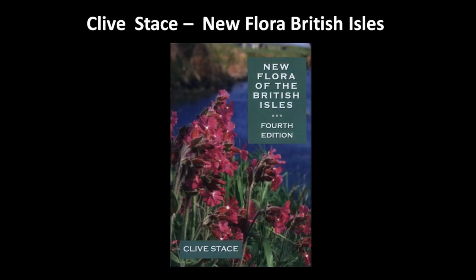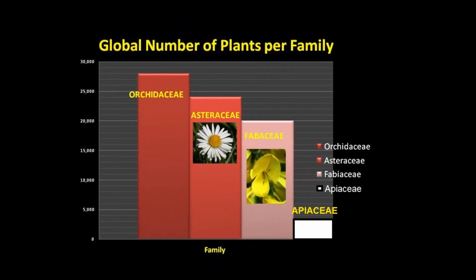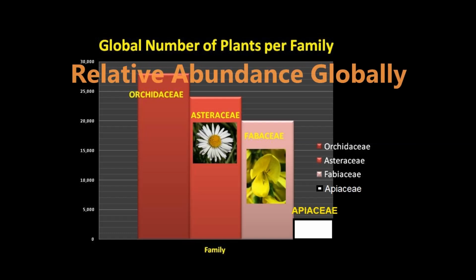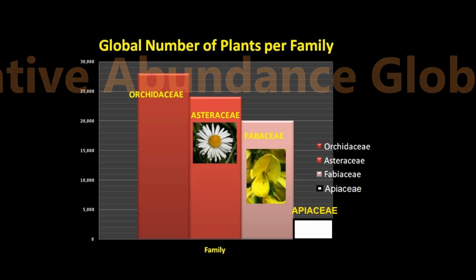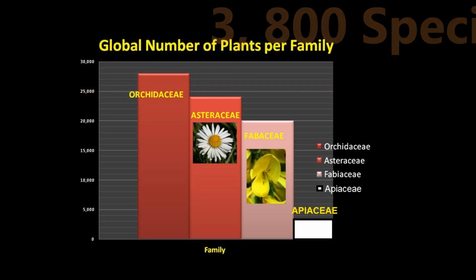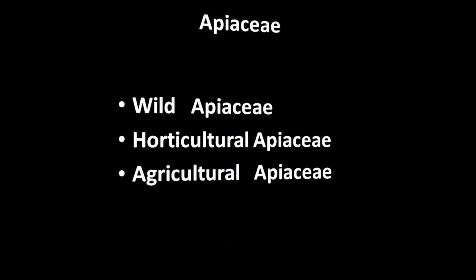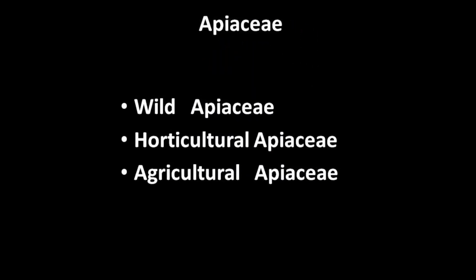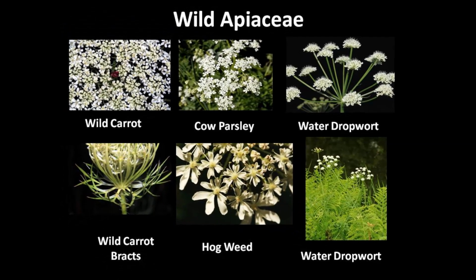In this slide, we compare the relative abundance globally of the plant families in comparison to the Apiaceae, which contain approximately some 3,800 species. We take a fleeting overview of species which are found in this family commonly in the wild, notably hogweed and cow parsley.